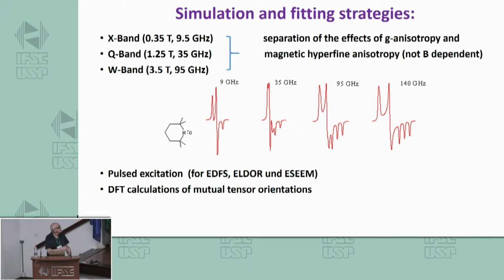Here the X band, which is the 9.5 gigahertz that we're using here in São Carlos, is the most common spectrometer. And the Q band is also available. I think somewhere in Brazil there's a Q band EPR spectrometer that applies a higher magnetic field and therefore a higher microwave frequency. And there are others, like W band with 3.5 Tesla, 95 gigahertz.